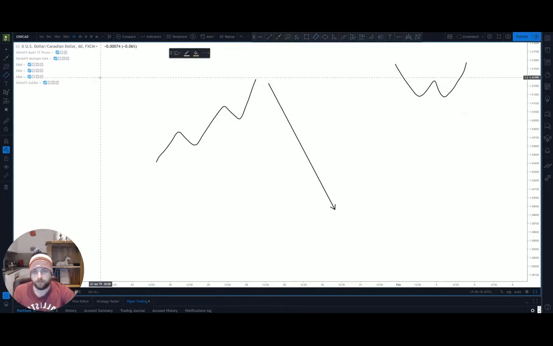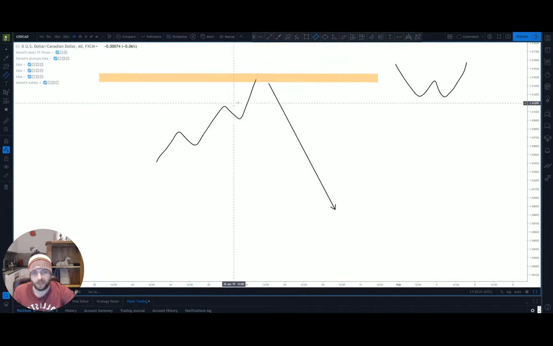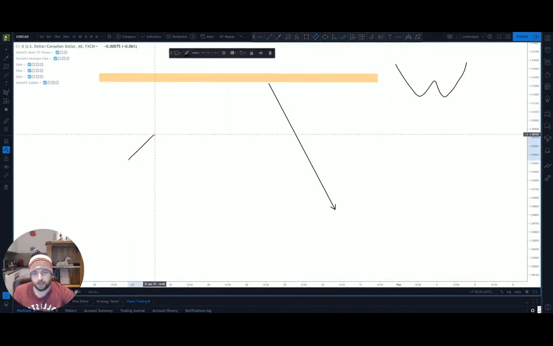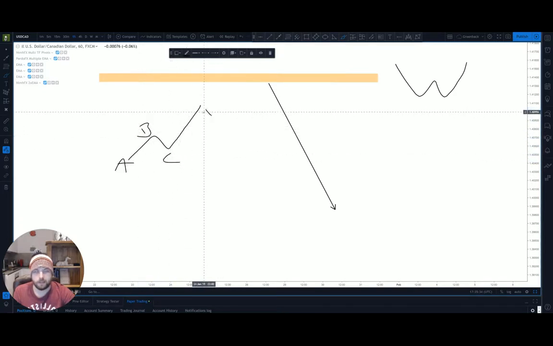So if my supply zone was here and I had an ABCD, that would be the A, B, C, D. I'm not going to sell it just because it's an ABCD pattern. So you don't need to know it.